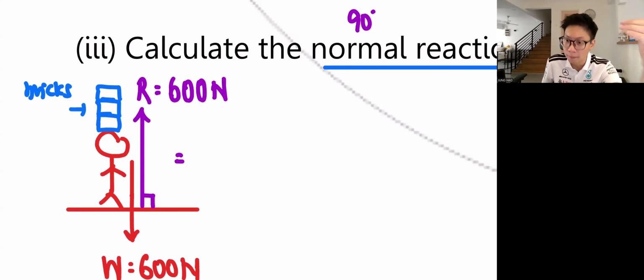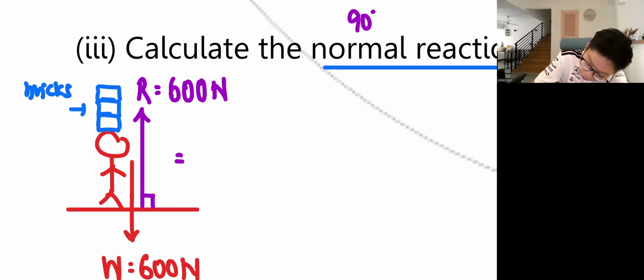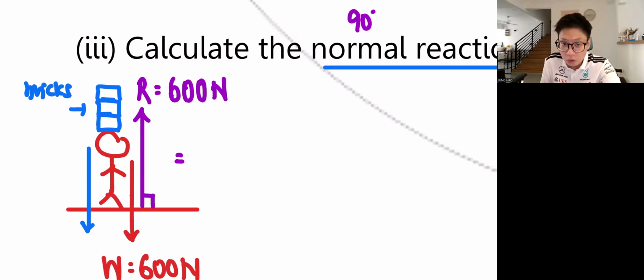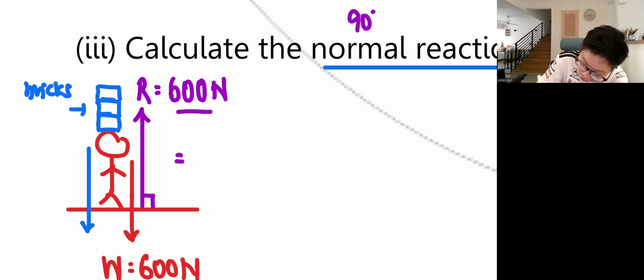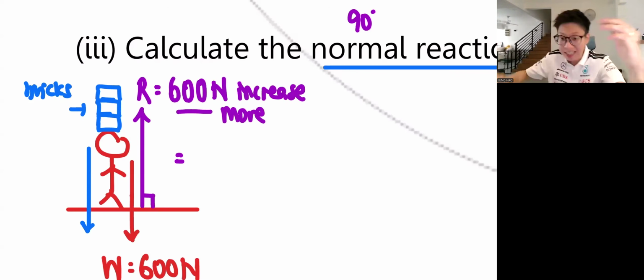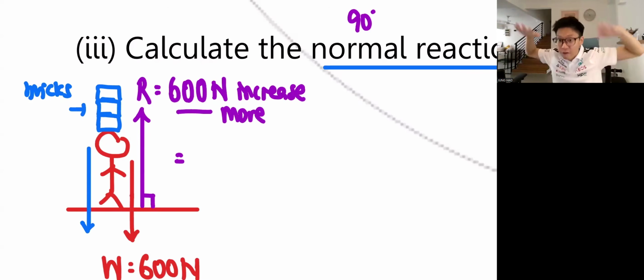Okay, so the answer here is very simple. If I start to throw bricks on my head, means that I have more force pushing all the way down, correct? So therefore, this reaction force will be more. It will need to increase because now I push the floor more due to the additional weight, so the floor needs to push me back more to balance back.